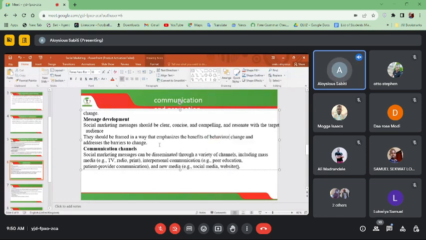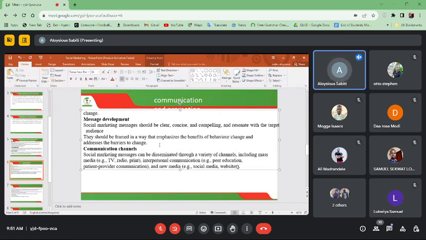So if you're developing your message, it should be clear, but also concise, meaning on point, straight to the point, and compelling, and resonate with the target audience.